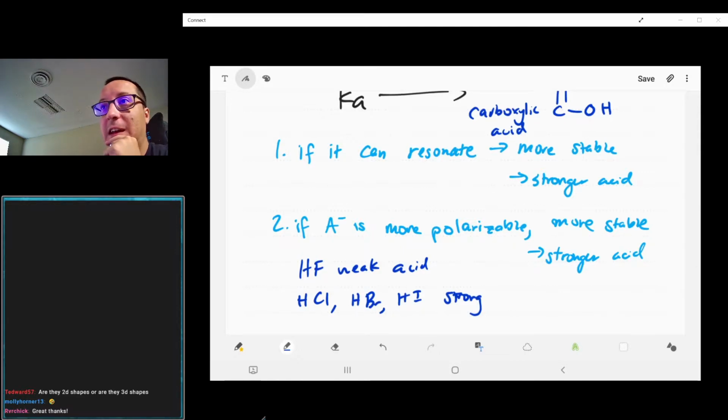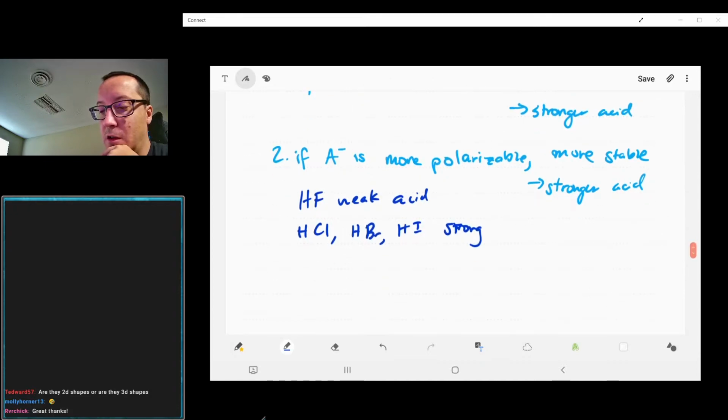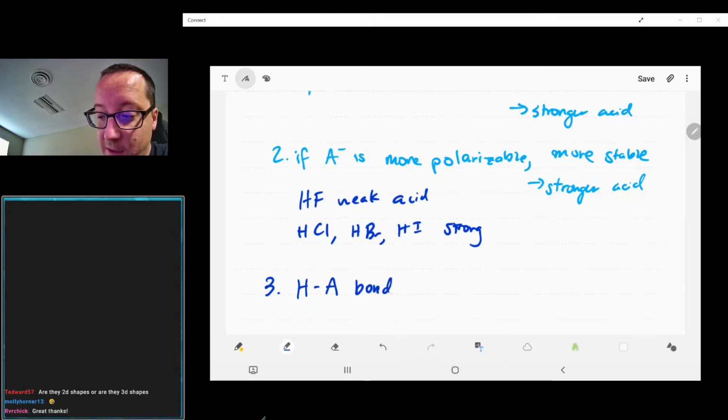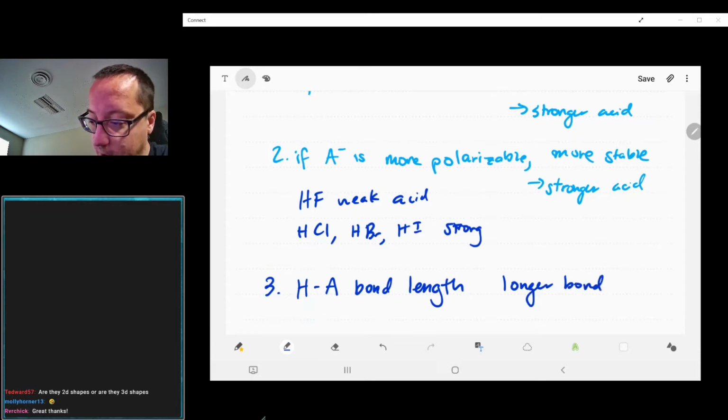All right, the last component here that we didn't necessarily talk about, it's not really related to the stability of the conjugate base, but it also is important with the acid in general. The bond length between H and A is important. So a longer bond is weaker, and that means we're going to have a stronger acid.